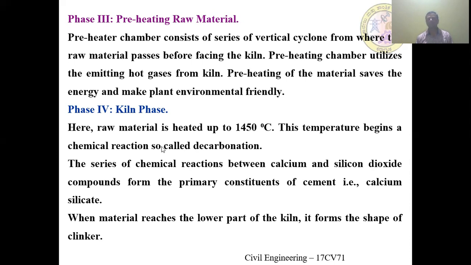In the fourth phase, the raw materials are heated to 1400 degrees centigrade. At this temperature begins the chemical reaction called decarbonation. Decarbonation means removal of carbon at 1450 degrees centigrade. A series of chemical reactions between calcium and silicon dioxide compounds forms the primary constituent of cement, that is calcium silicate.